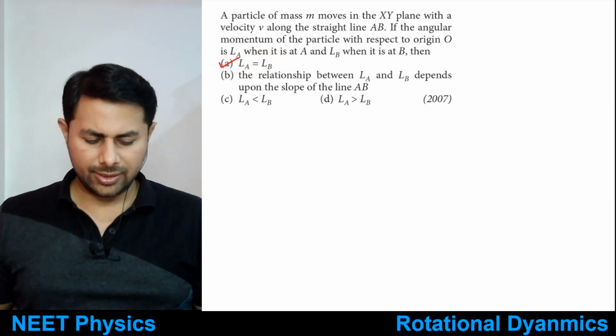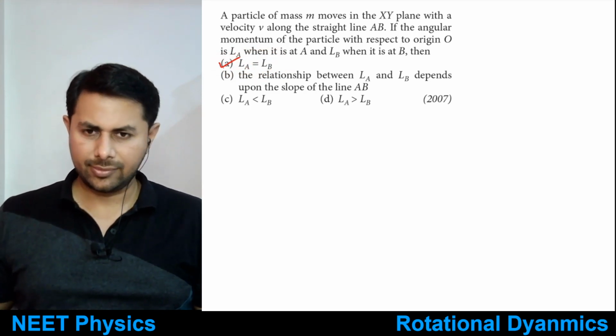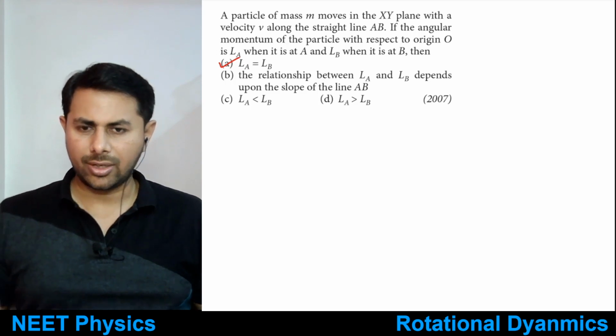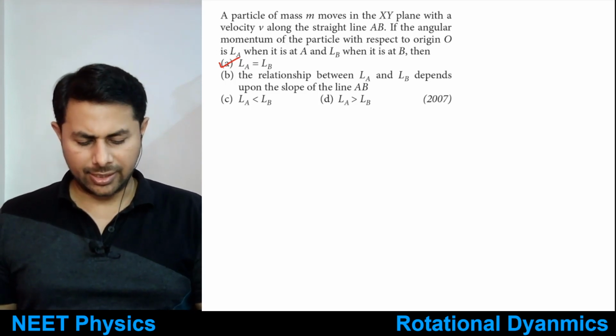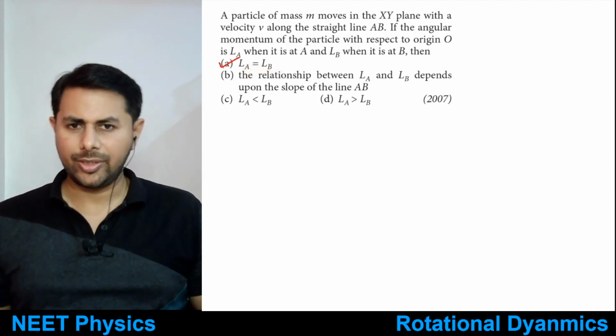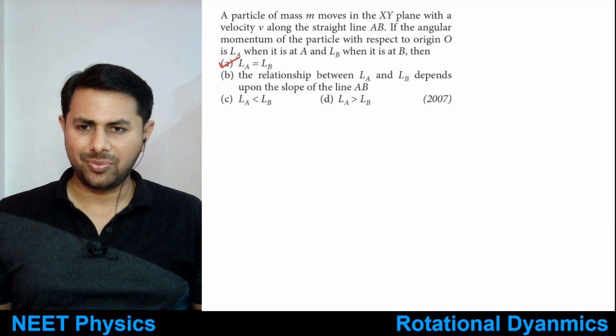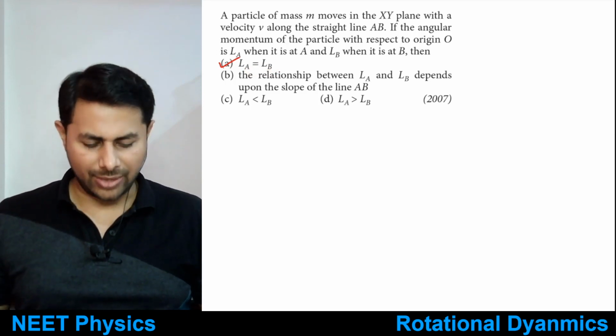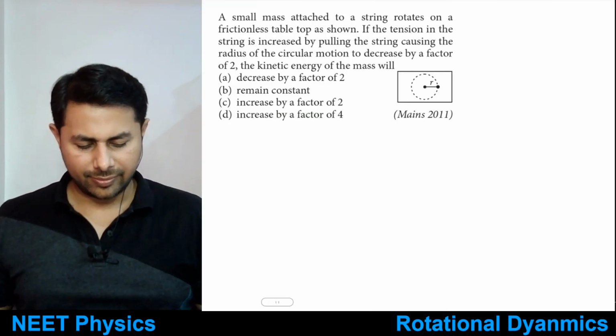Right, is this clear, everyone? No torque means angular momentum remains constant, and therefore LA is equal to LB. Whether the particle moves from A to B or B to C doesn't matter. No force, so no torque, and therefore angular momentum is constant.